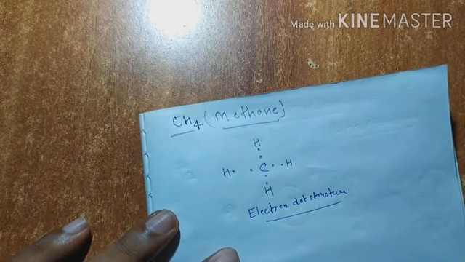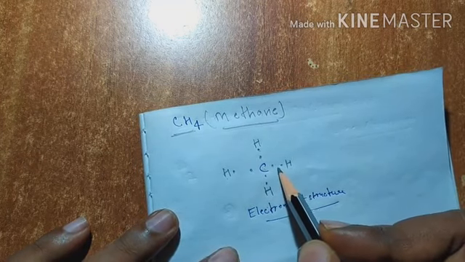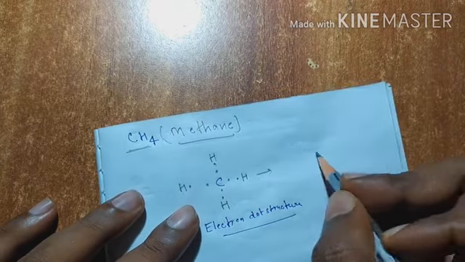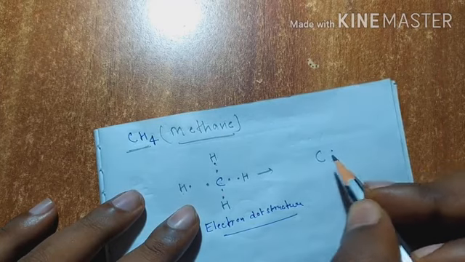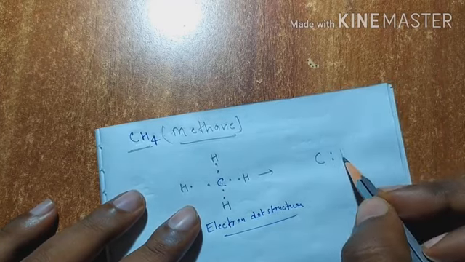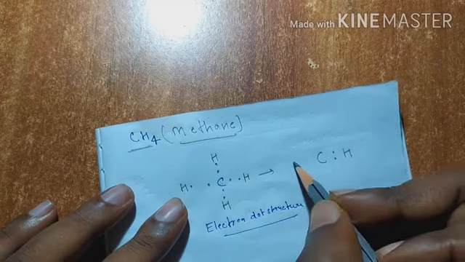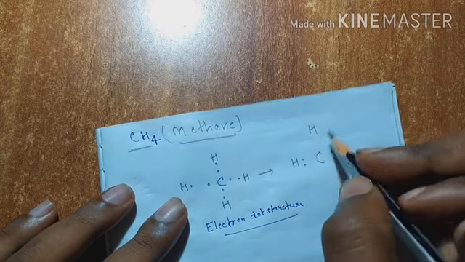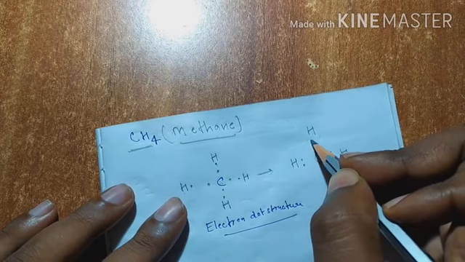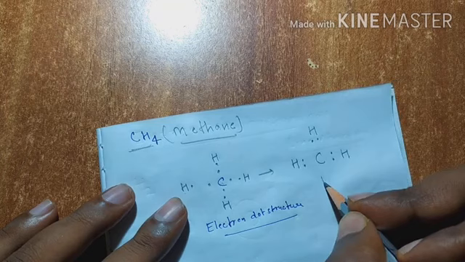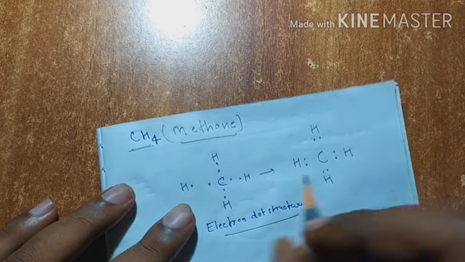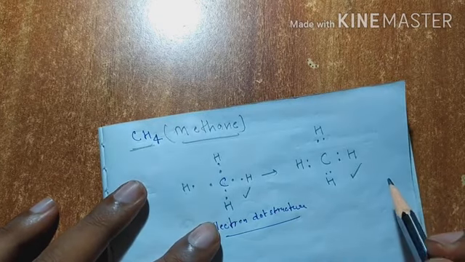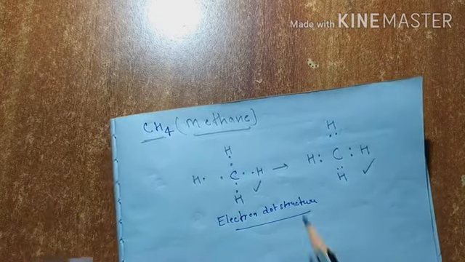So in your textbook, these 2 electrons are given here, or simply you can draw like this one. See, these 2 electrons right here, hydrogen. Similarly, these 2 electrons right here like this, hydrogen. So both are the same, both are correct.